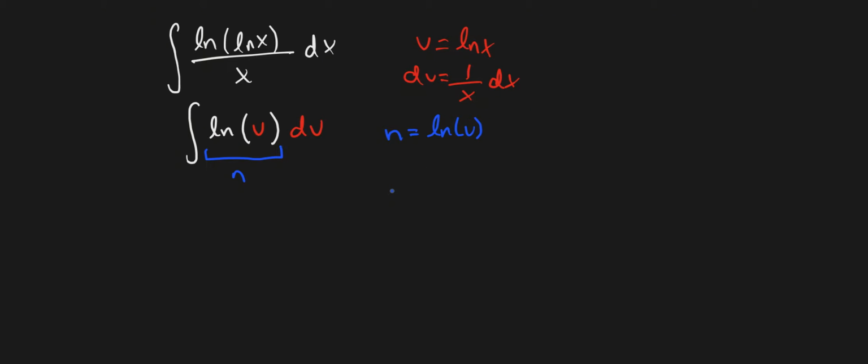So n is the natural log of u, so dn is equal to 1 over u du. Then dm is equal to du, so m is equal to just u. This is quite simple. I know I used v, so let me change that to m, because I don't want to confuse myself here.